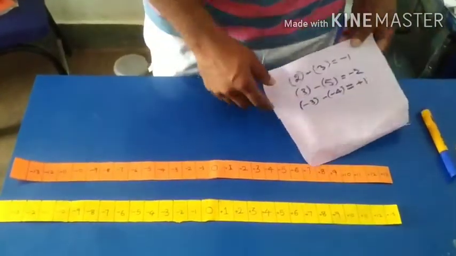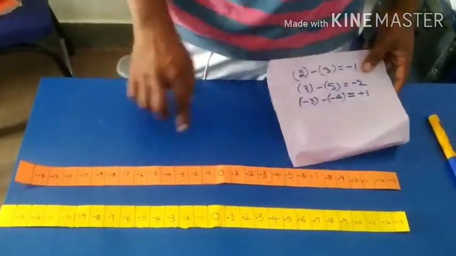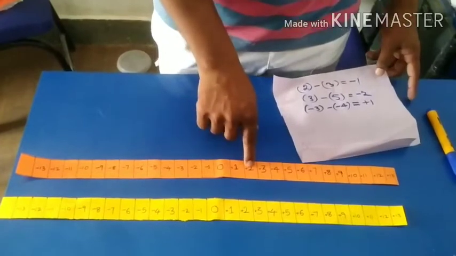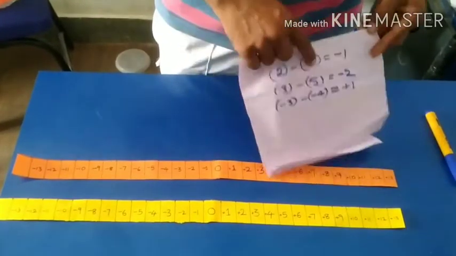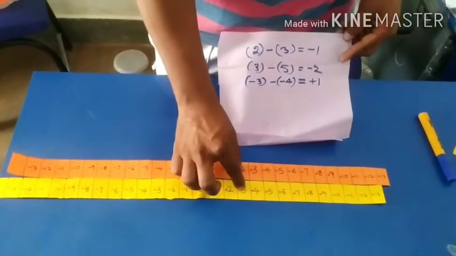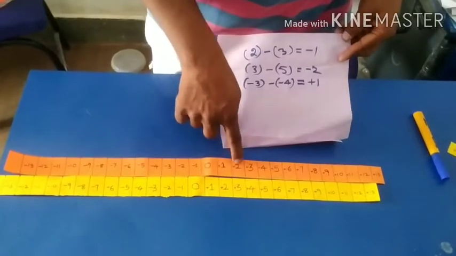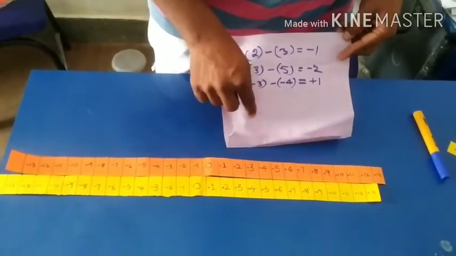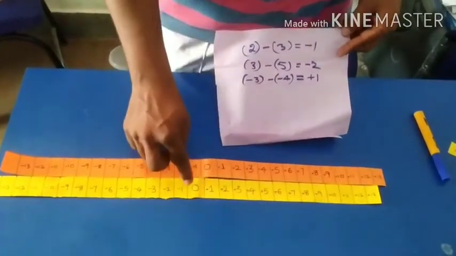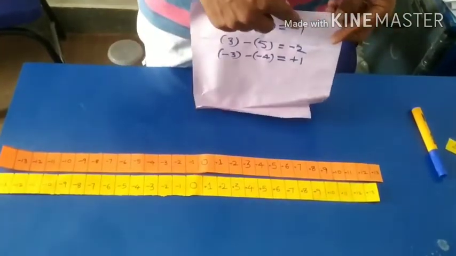Now look here, 2 minus 3. Where is 2 on the strip? Here, 2. And where is 3? 3 is here. Just place both in the same sequence, plus 2 and plus 3. Now we are going to subtract. How to subtract? The answer will come from the 0 on the yellow strip. So the answer is minus 1.